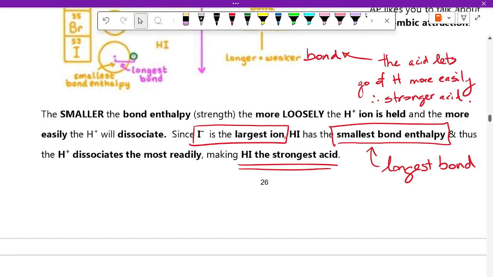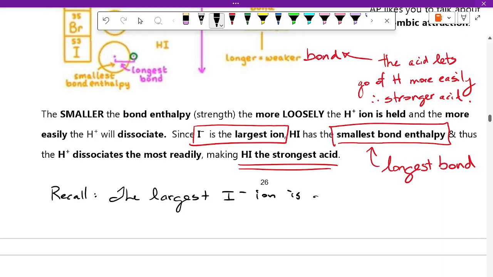And we could add in here, recall, the largest I minus ion is also best able to accommodate what?